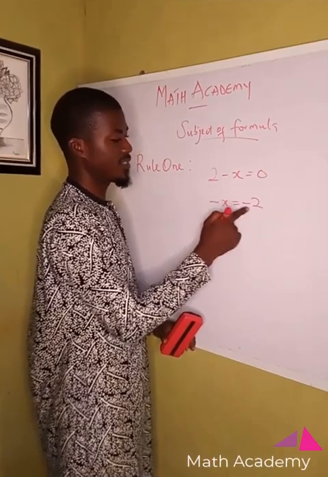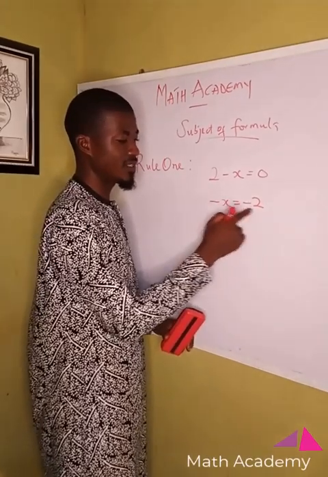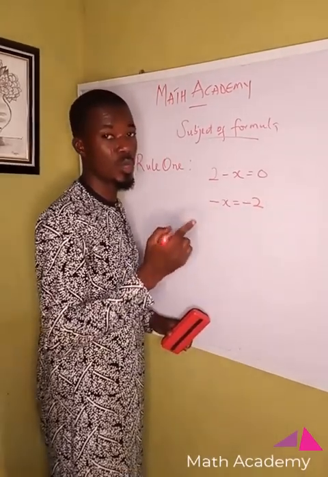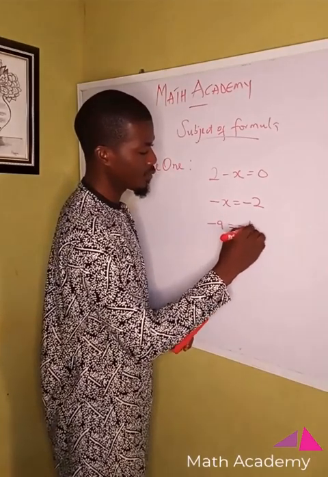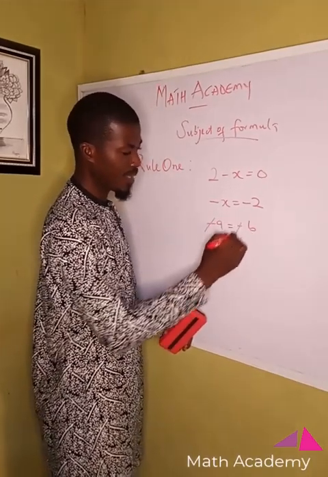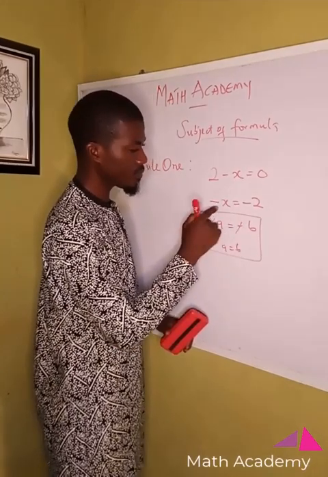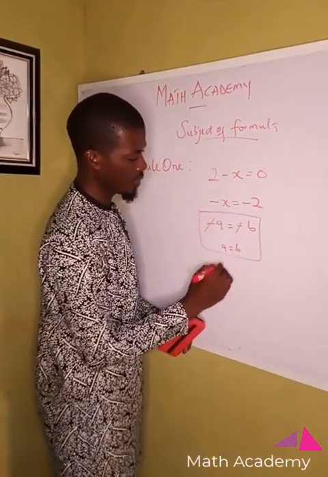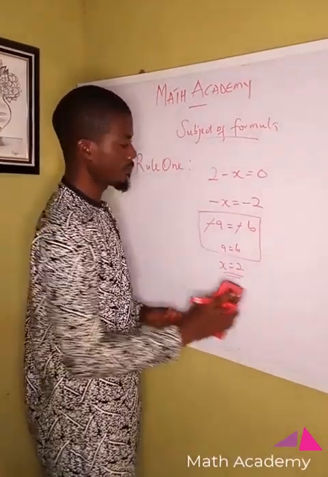When there's an equal sign in between two negative signs, the negative signs cancel one another. For example, if you have minus a equals minus b, minus cancels minus, so a equals b. In this case, minus cancels minus, so x equals 2. That will be our answer.